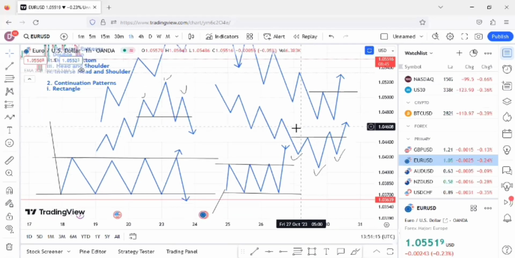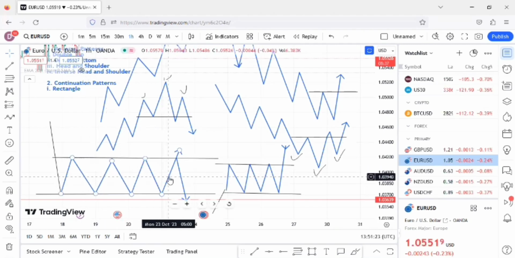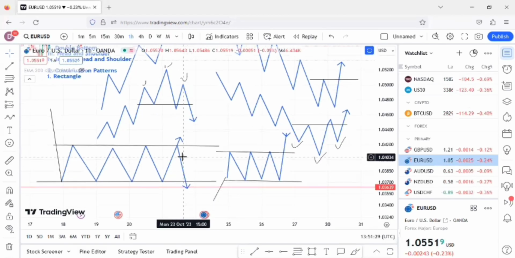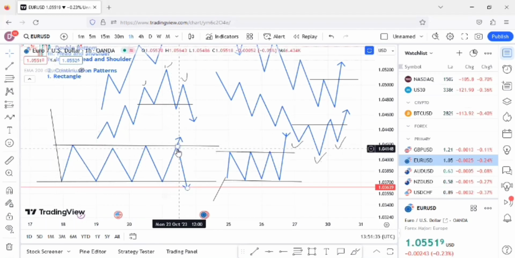patterns. Then for the continuation, you are coming from an uptrend, and you begin to see a consolidation. What do you do? You wait for a break. Most of the time, a break to the downside. You are coming from above, so you wait for a break towards the downside.